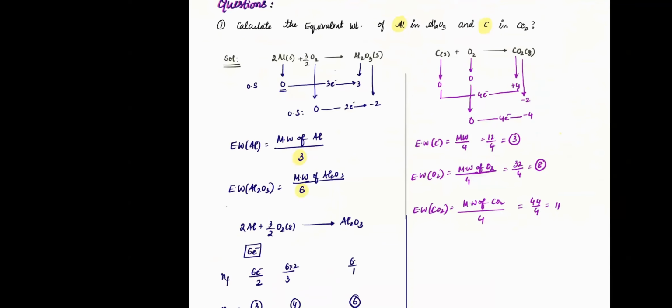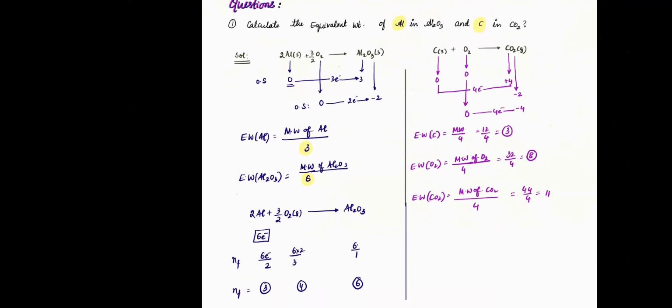Done. Please do check. Like, the n factor of CO2 will be 4. Why? Because 4 electrons are transferred. Yes. Okay.